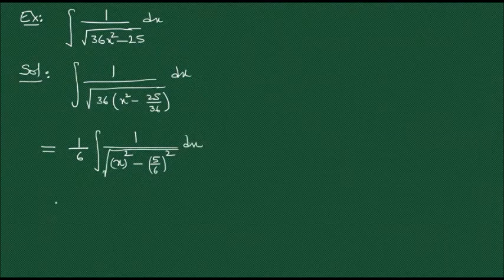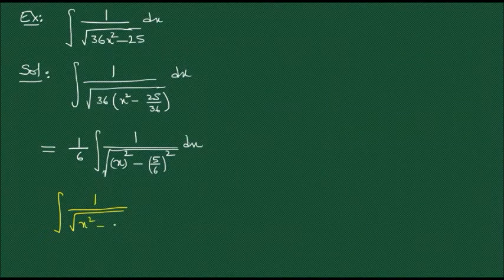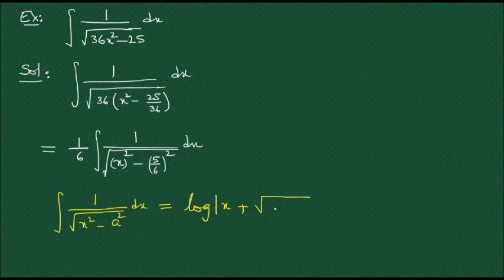So it is in the structure of integration of 1 by under root x square minus a square dx, whose output is log x plus under root of x square minus a square plus c. This is the output.